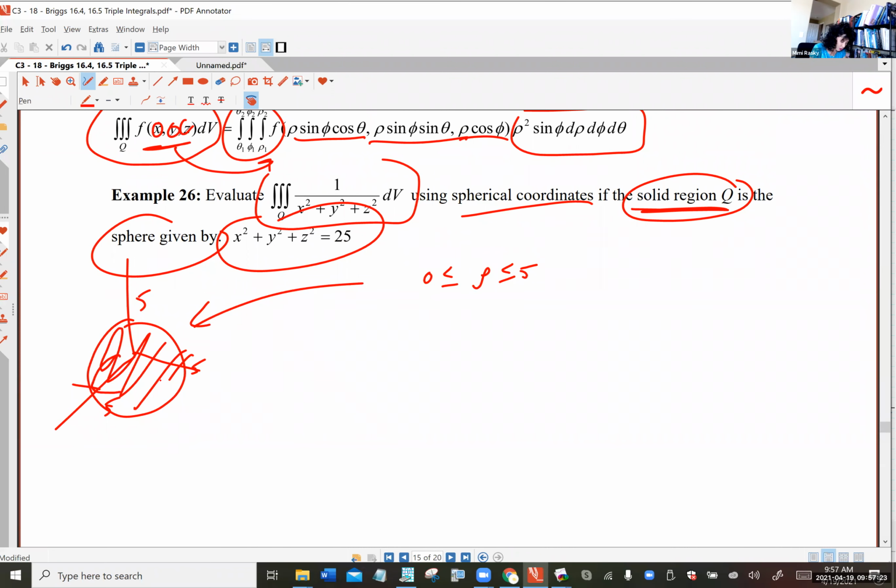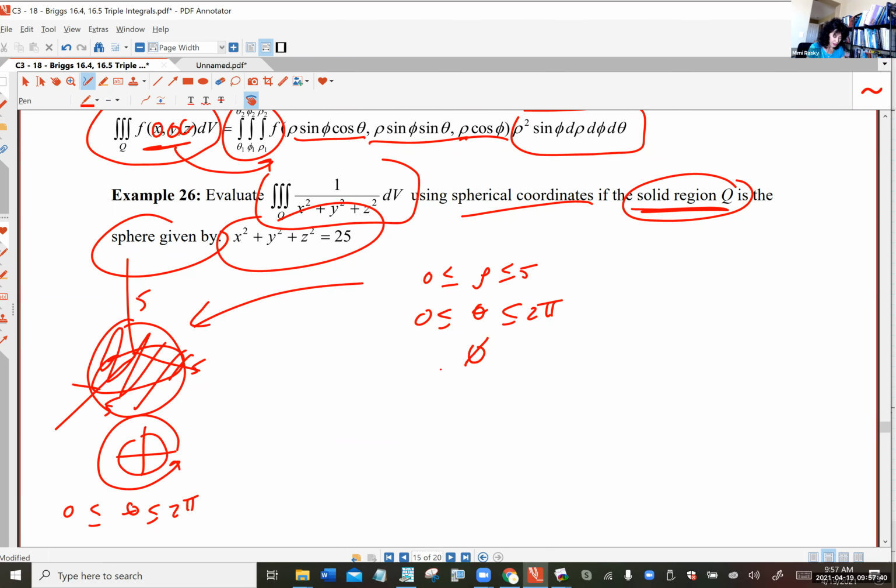If you looked at the trace that this sphere makes in the xy plane as it cuts through the xy plane, that'll help you get your theta. Theta is making a full revolution between 0 and 2 pi. Now here's the hard part. What are the limits for phi? This is kind of weird.